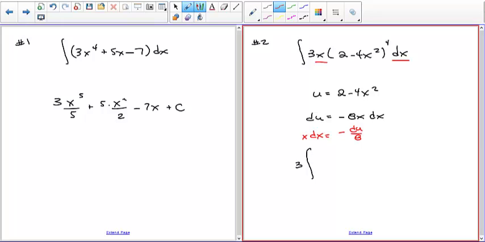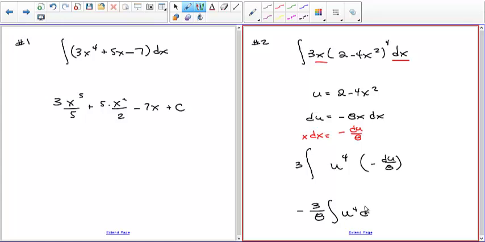Now in the original equation, 3 comes out, you have x dx, which is going to be -du over 8 times this, which is u raised to the 4th power. We can bring out the -1/8, so you get -3/8 the integral of u to the 4th.